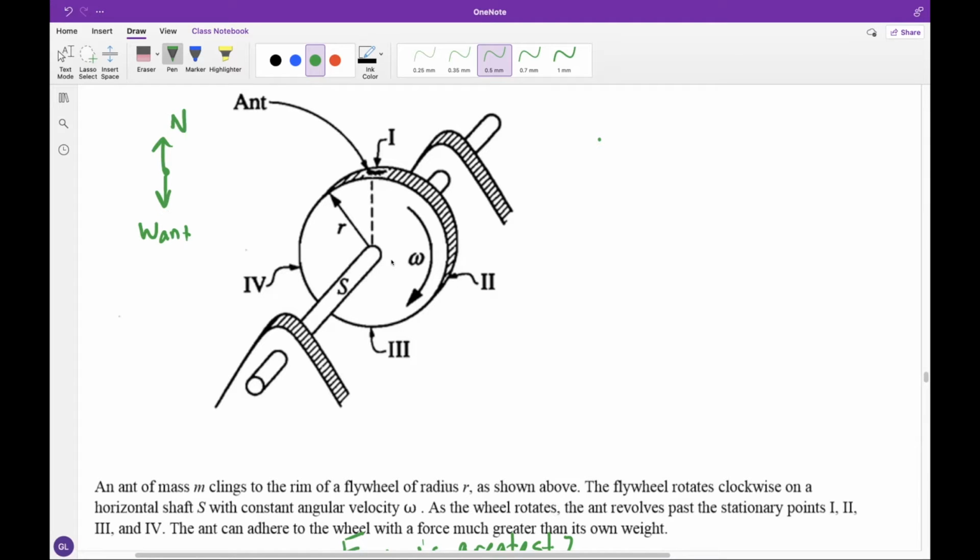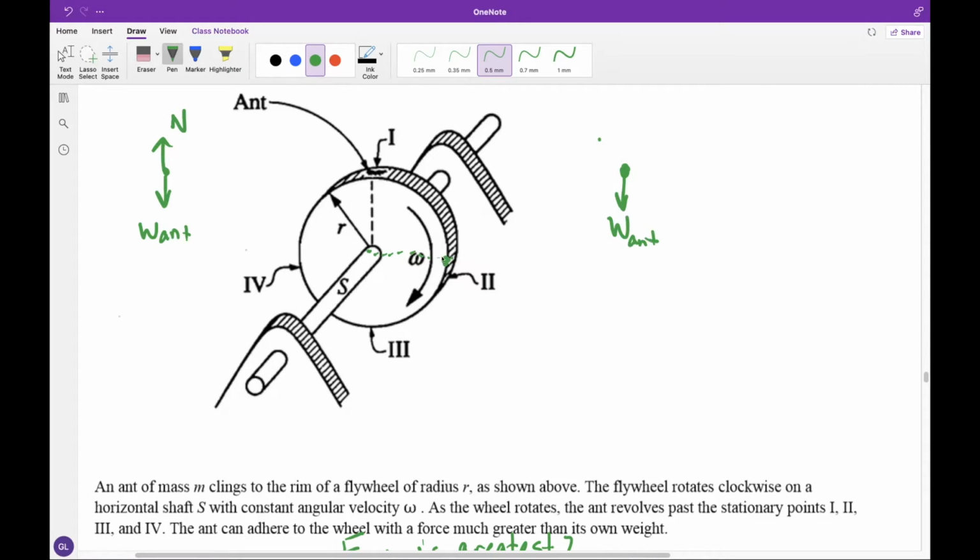Let's go ahead and look at position 2. Position 2 looks to be a little bit below the midpoint of the wheel, but I'm going to assume that they essentially meant the midpoint. Let's go ahead and look at the forces there. So when the ant is on that point, its weight is pulling straight down.